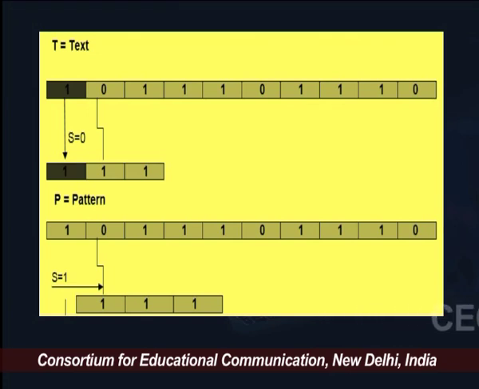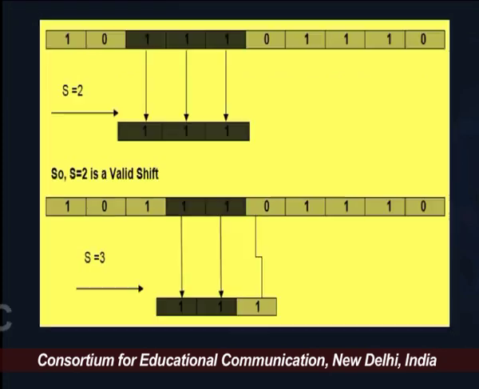So, in case of a mismatch, we will again push our pattern onto the right side. This is a sliding window which moves one step ahead towards the right in case of every mismatch. Moving with shift equals 2.